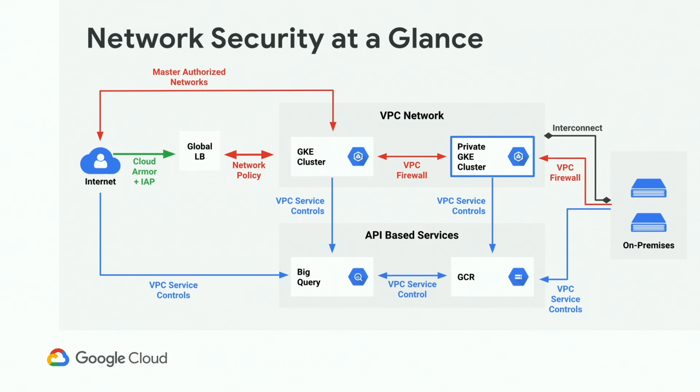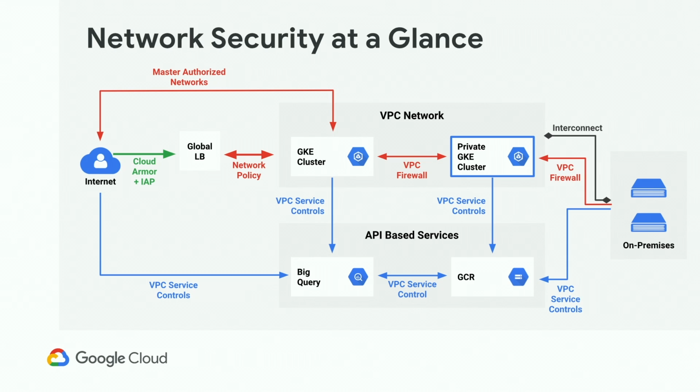So looking at network security overall, the image in front of you will tell you where all those pieces fit in. First and foremost, your deployments are within the secure boundaries of a VPC network. You have your private clusters, which have no public IPs on the nodes, and which can securely communicate to other clusters over VPC firewalls.